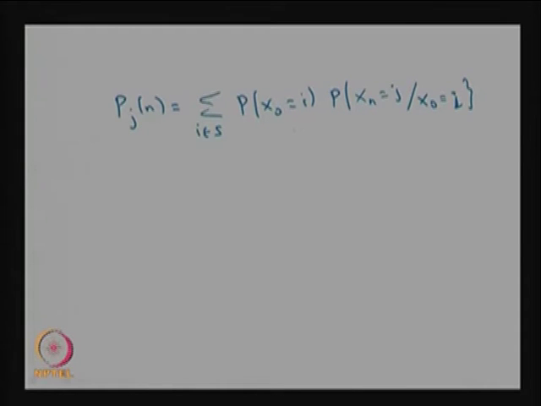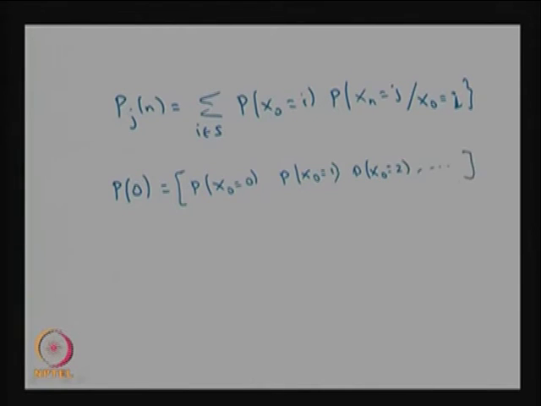The distribution of X_0 can be given as the vector p(0). This vector consists of the elements: the probability that X_0 takes the value 0, the probability that X_0 takes the value 1, the probability that X_0 takes the value 2, and so on.